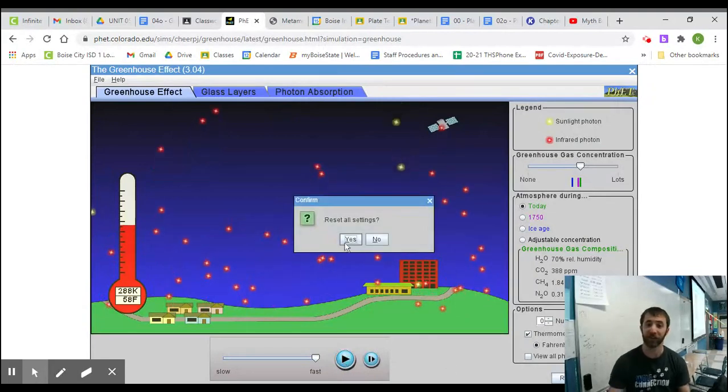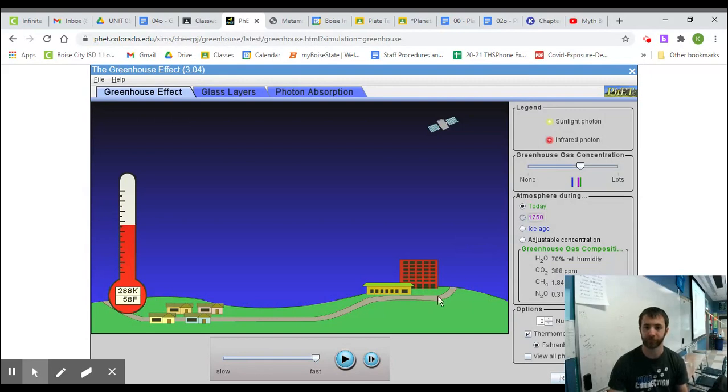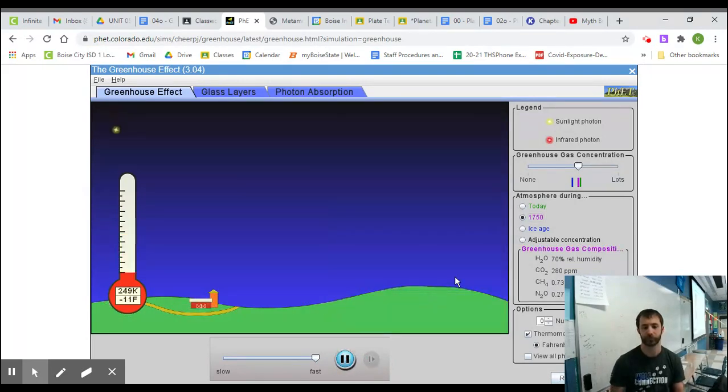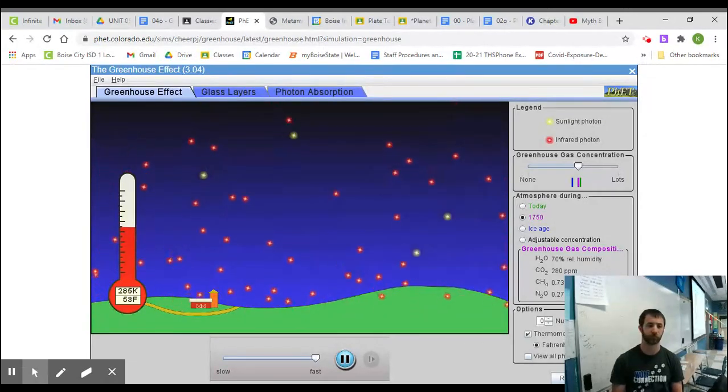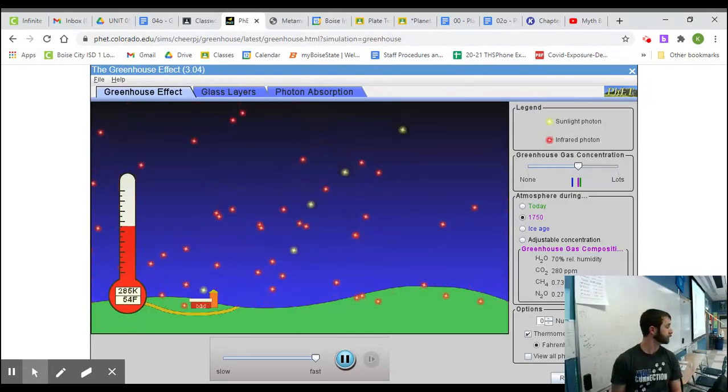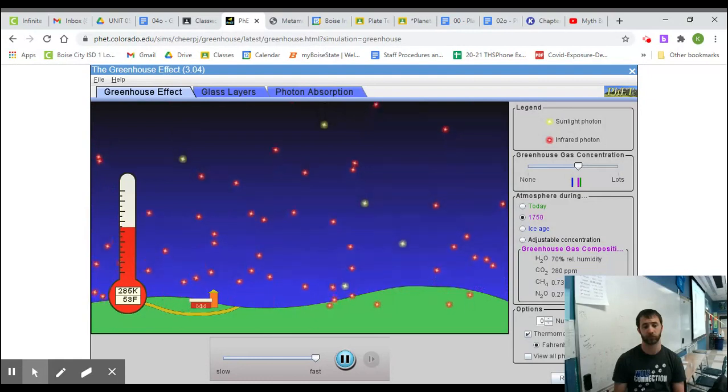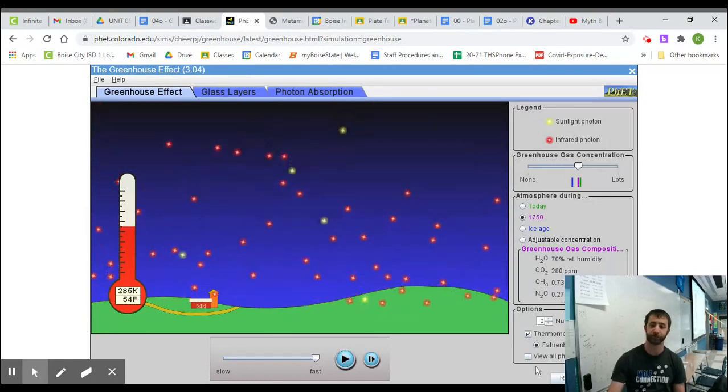We'll go ahead and reset and do 1750, which is this blue line. And we'll reset and switch to the Ice Age.